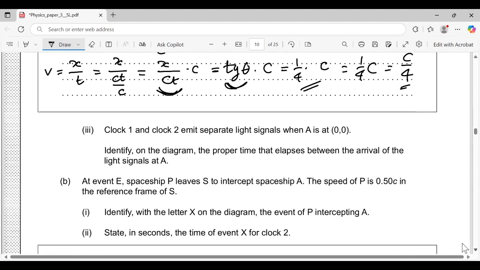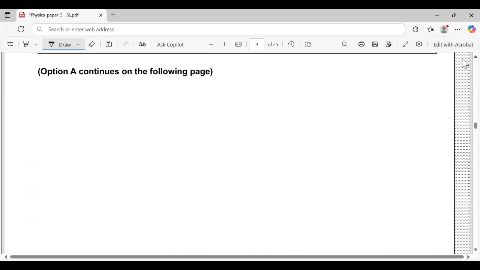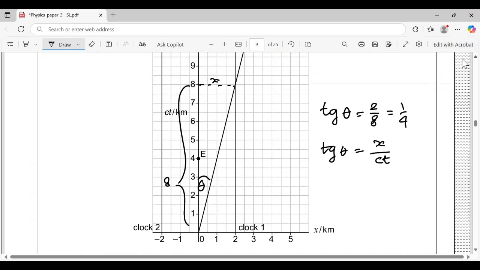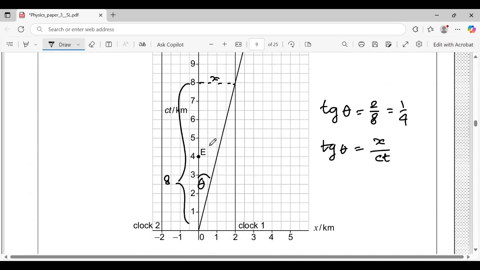Next question. Clock 1 and clock 2 emit separate light signals when A is at 0,0, the origin. Identify on the diagram the proper time that elapses between the arrival of the light signals at A. Again, on this diagram, I'm going to clean it first.